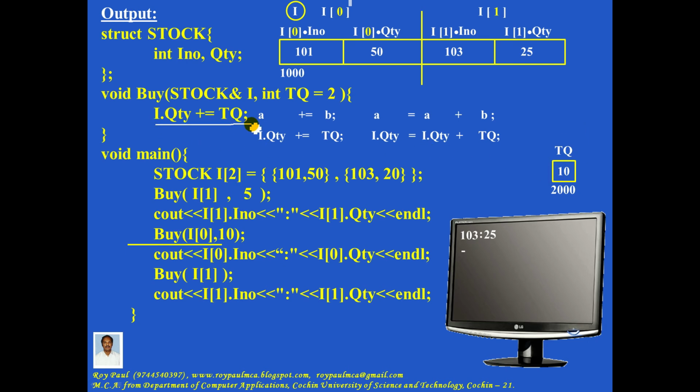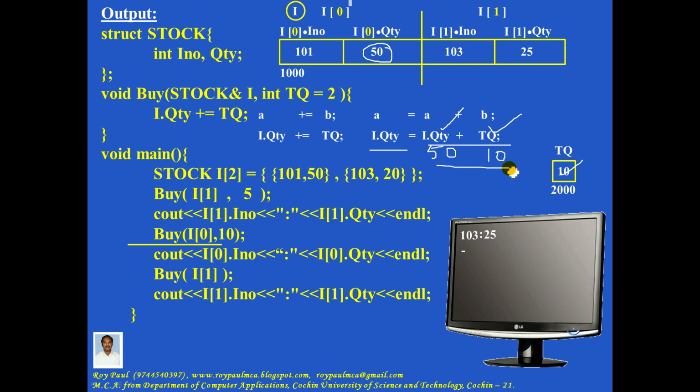Now inside the function, plus equal to is a short form. It is expanded like this. Now, assignment operator: the right hand side is assigned to the left hand side. What is I dot quantity? 50. What is tq? 10.